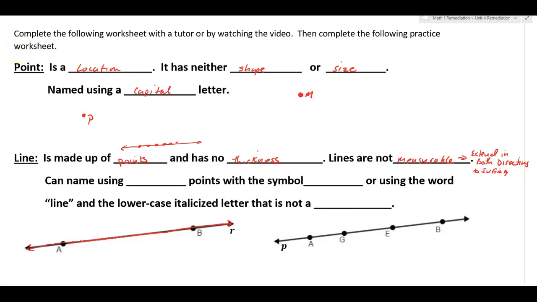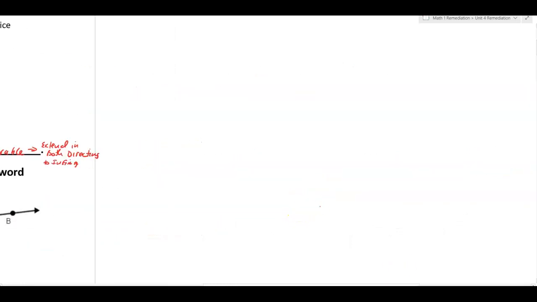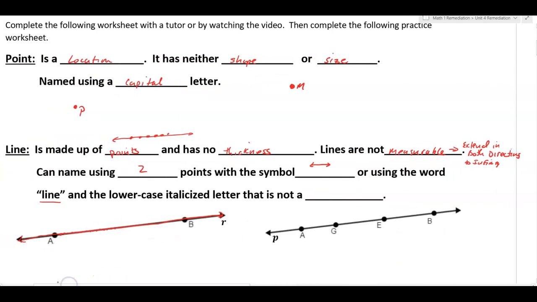Now to name a line, we can use 2 points with a line symbol above them, and that's just an arrow pointing in both directions. We could also use the word line accompanied by the lowercase italicized letter that is not a point on the line.